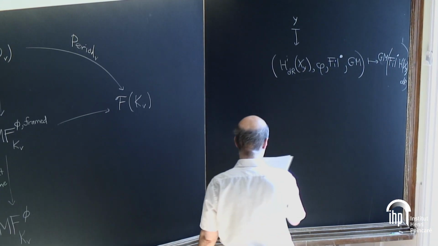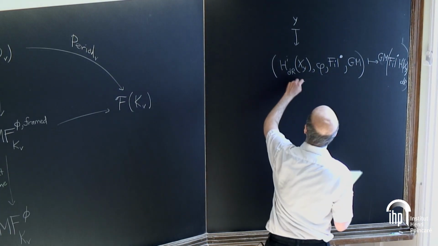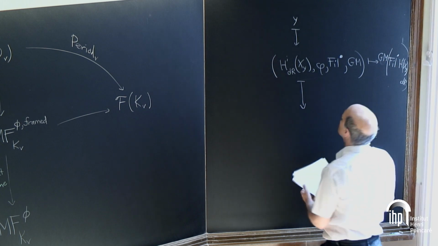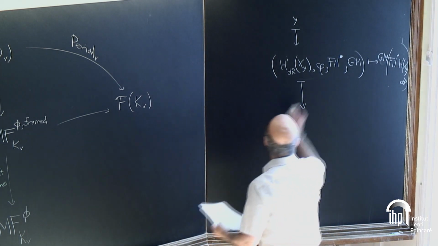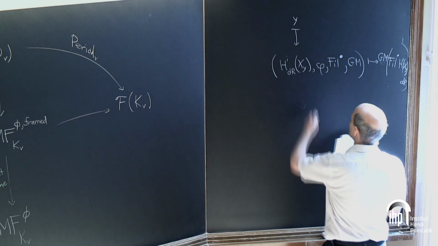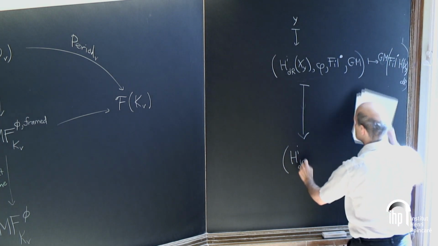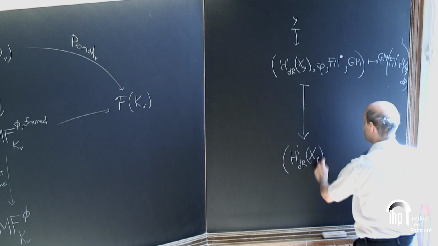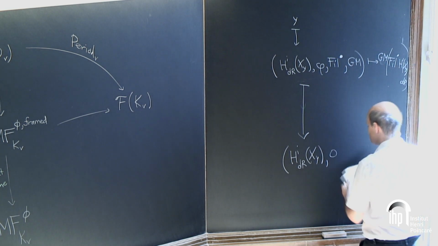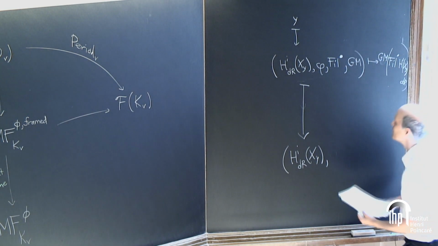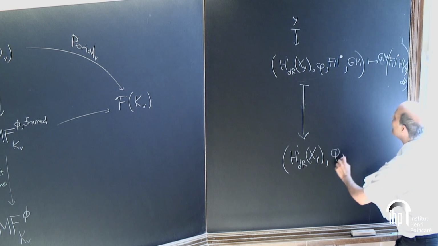And this is just forgetting. So down here, I guess I'm not making this big enough, but this goes down and forgets the iota. So this is just taking the filtered phi module.